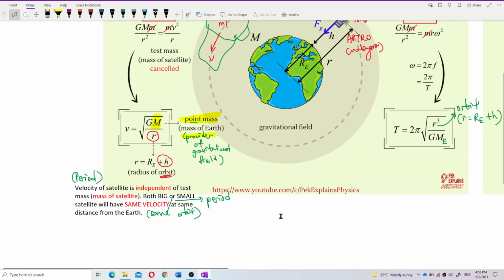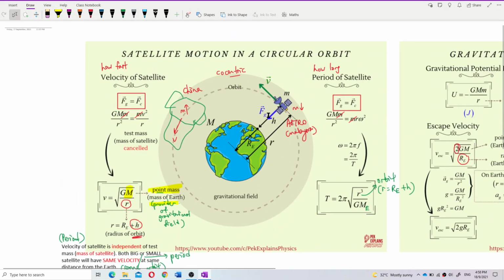So we can imagine all kinds of satellites here, big or small. All have the same speed, same period.